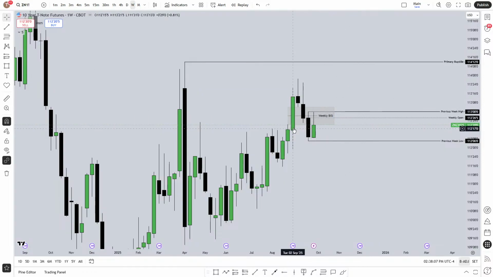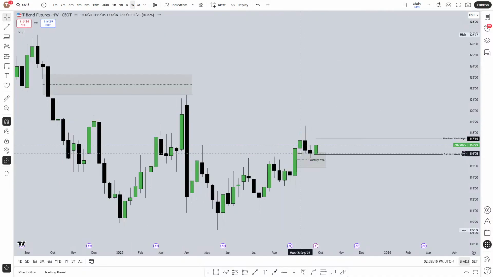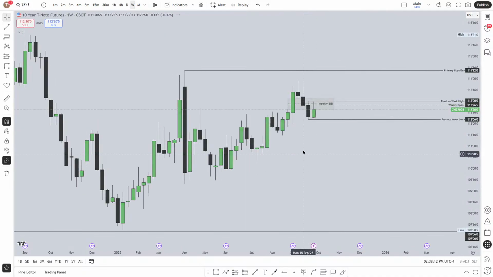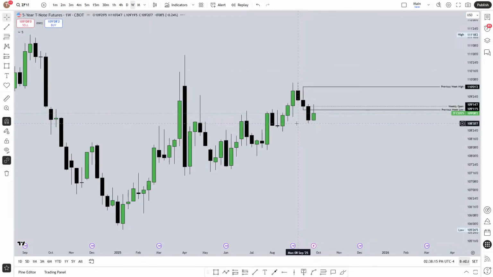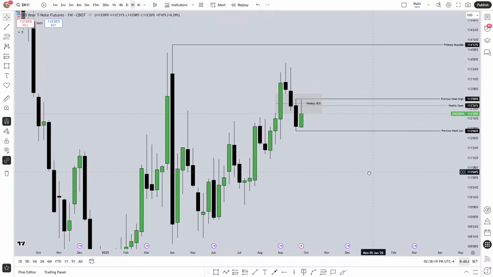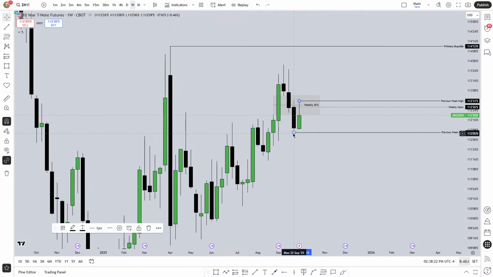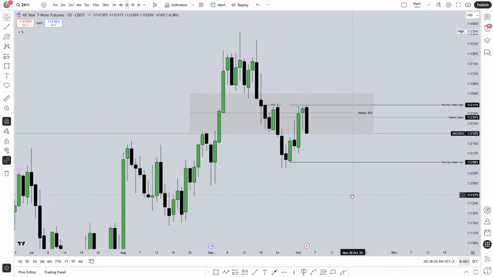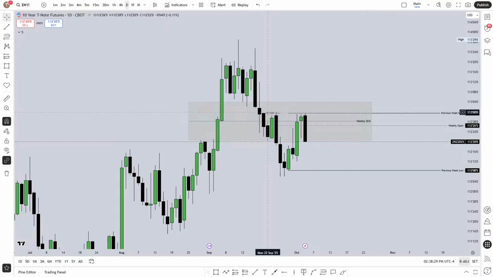So this just got inversed. This held. Yeah, pretty ugly market. That closed at the very low.